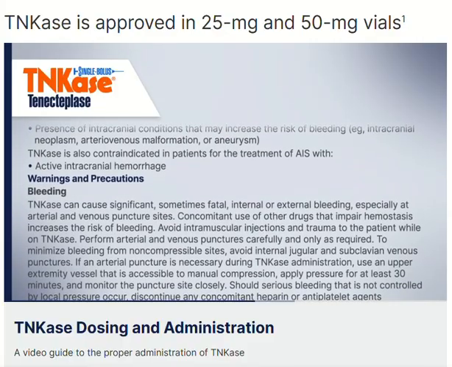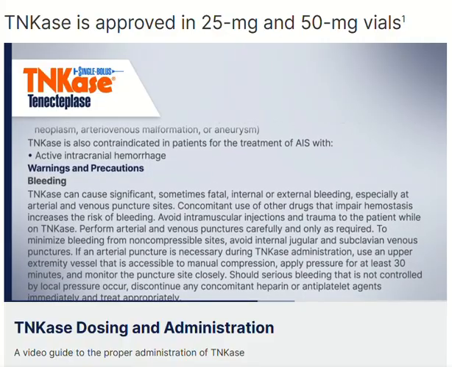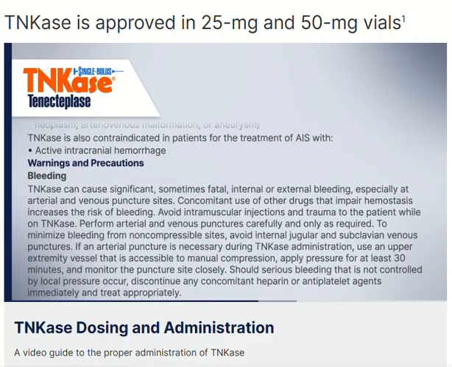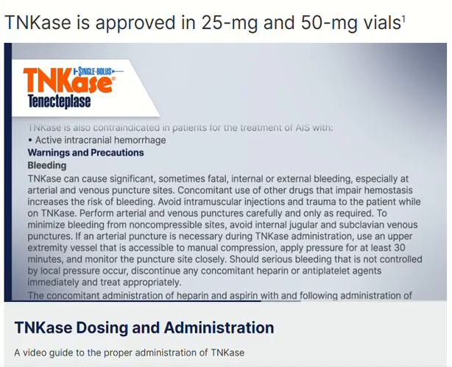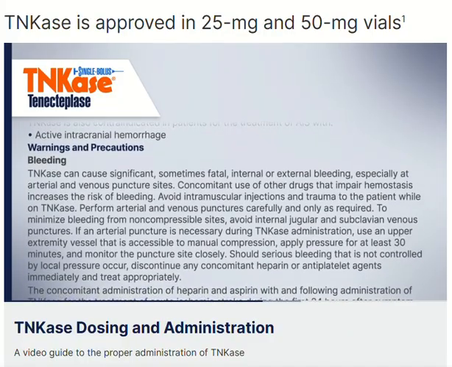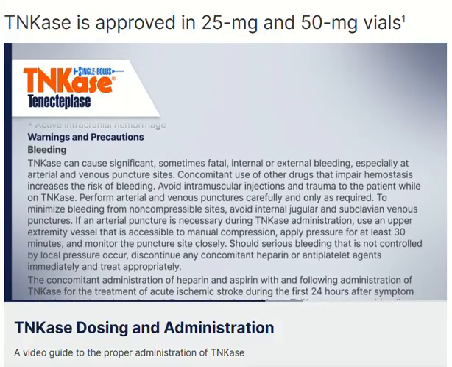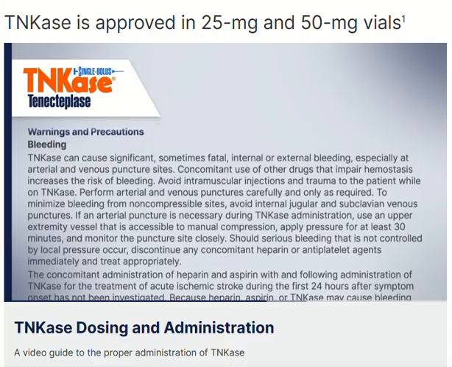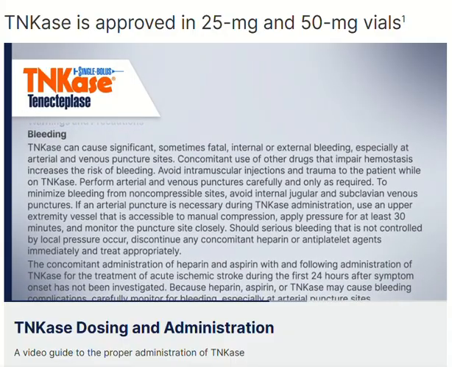Perform arterial and venous punctures carefully and only as required. To minimize bleeding from non-compressible sites, avoid internal jugular and subclavian venous punctures. If an arterial puncture is necessary during TNKase administration, use an upper extremity vessel that is accessible to manual compression, apply pressure for at least 30 minutes, and monitor the puncture site closely.